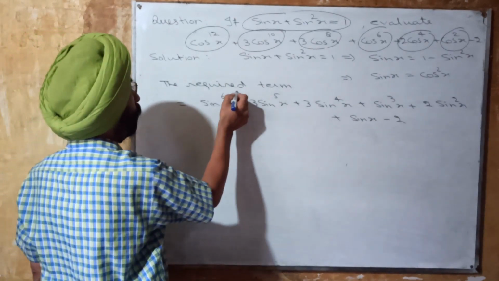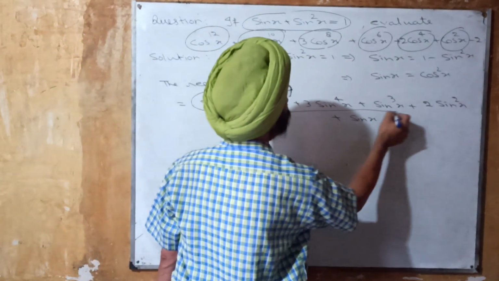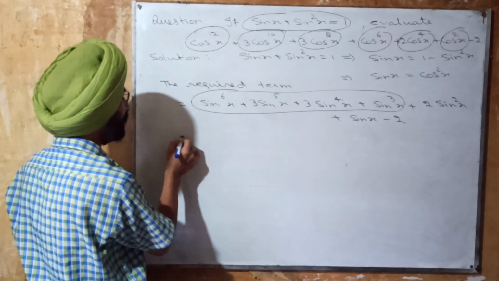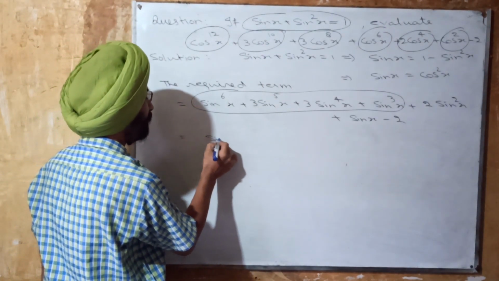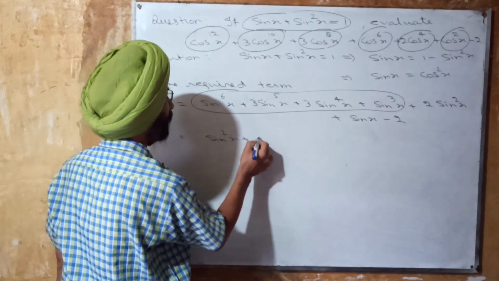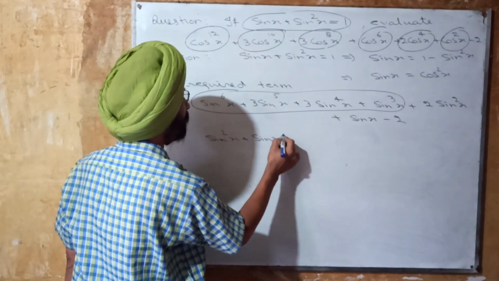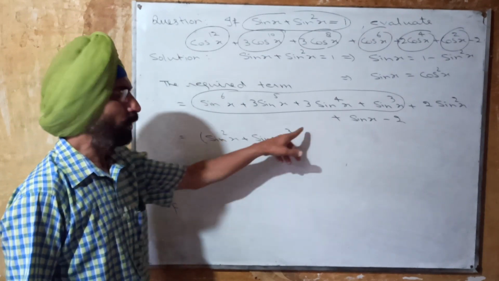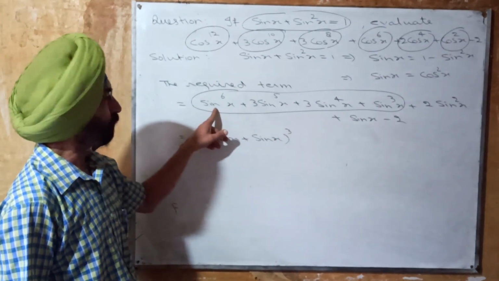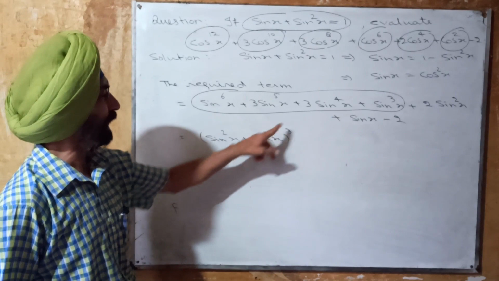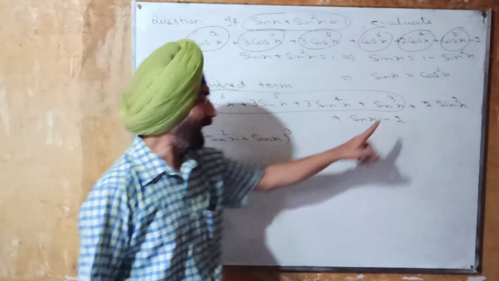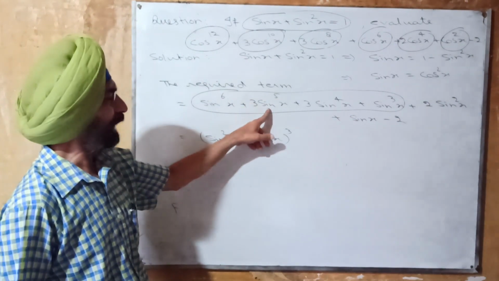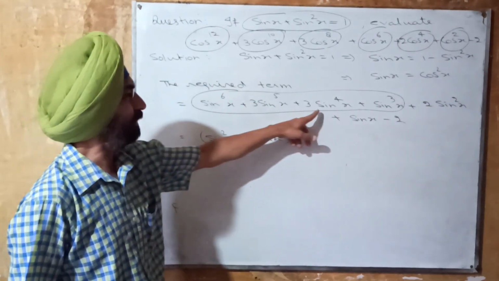Now look at these 4 terms. This is nothing but sin square x plus sin x whole cube. Actually, a plus b whole cube is a cube, which is here, plus b cube, which is here, plus 3a square b, which is here, and plus 3ab square, which is here.